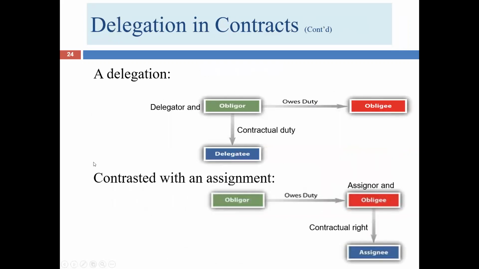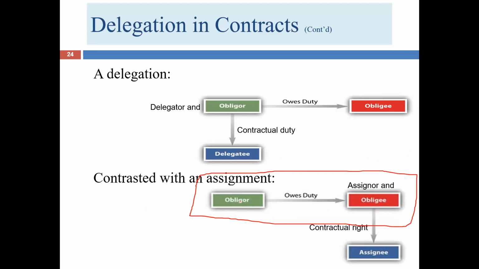So here we have the picture for assignments. We have an obligor who owes a duty to someone that he's entered into a contract with. So again, this is the original contract. The obligee and obligor are in privity. They have a contract. Obviously, they have mutual obligations. This guy's an obligor to the obligee, but this obligee has obligations to the obligor.